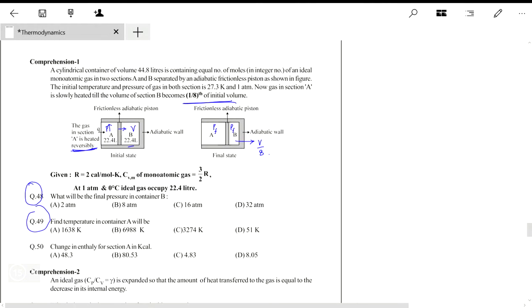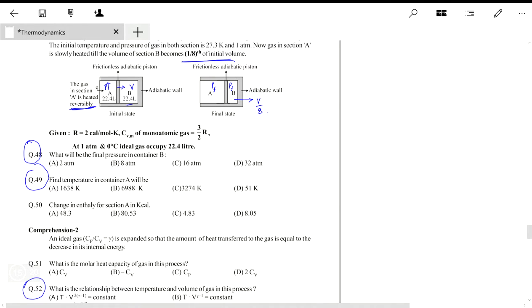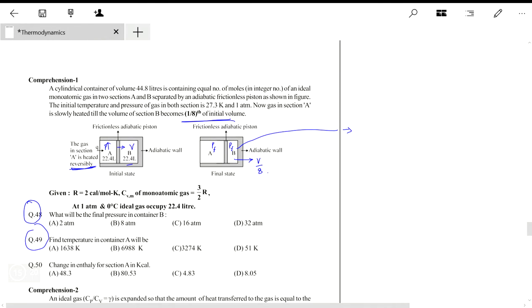Now, question 48 is what would be the final pressure in container B? To find out the final pressure in container B, we know this is a reversible adiabatic process. So we can use the equation P1 V1 to the power gamma equals P2 V2 to the power gamma. Both have 1 atm, so P1 is 1 atm.